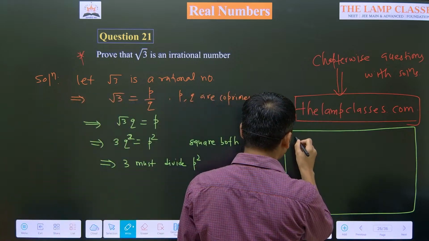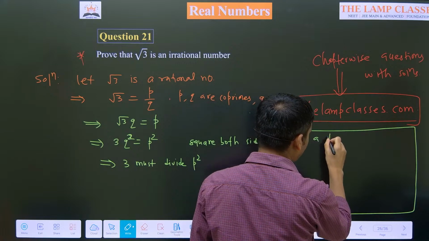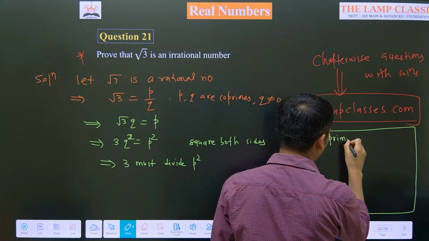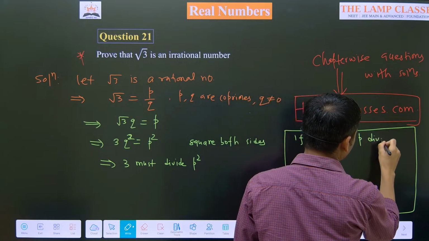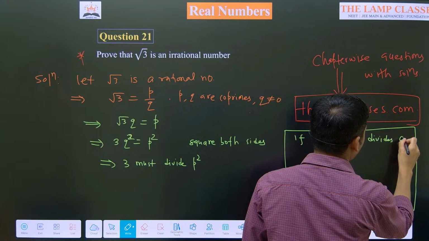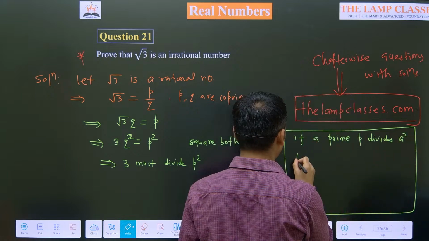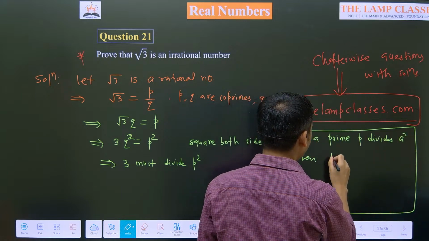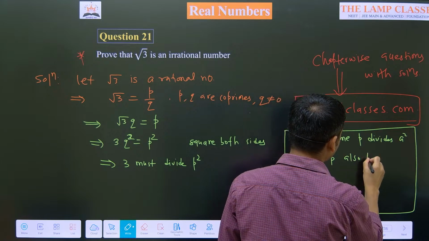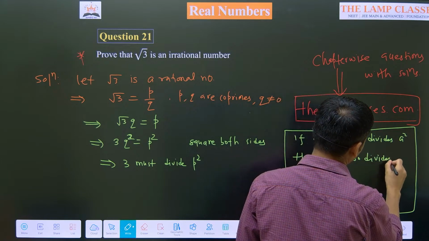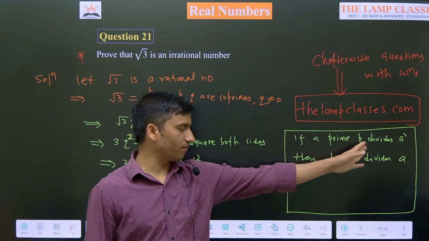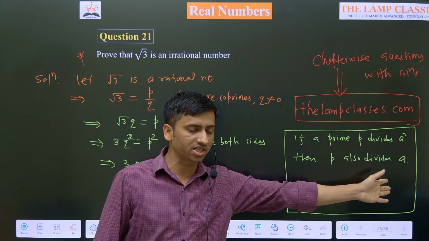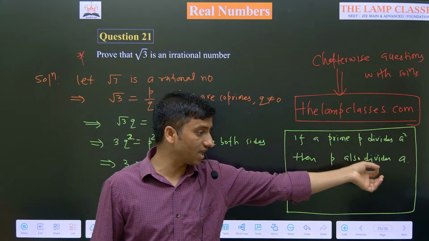The statement is, if a prime, now prime only, if it is composite, then we cannot say it. If a prime p divides a square, where a is an integer, then p also divides a. Just remember that. A question might be there based on just this statement in MCQ or even assertion and reason.